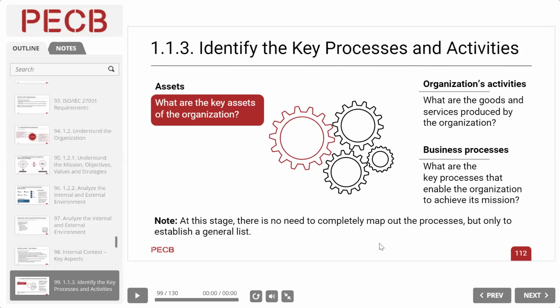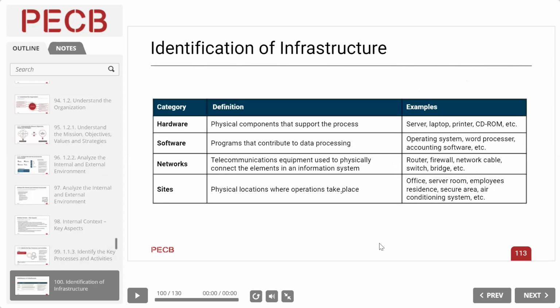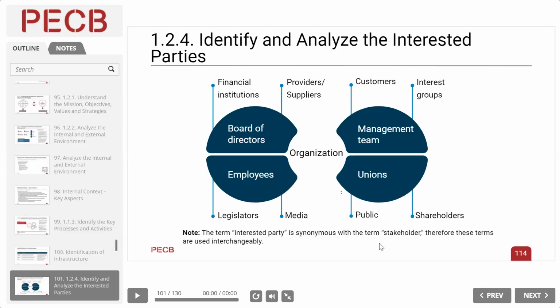Okay, so it's important that we have those perspectives in understanding the organization. So we've gone through the different assets: hardware, software, network, the sites. As I said, we need to be as holistic as possible in gathering all the assets.